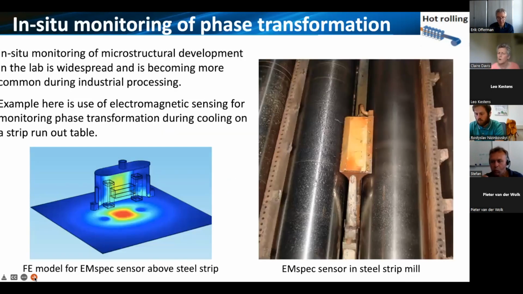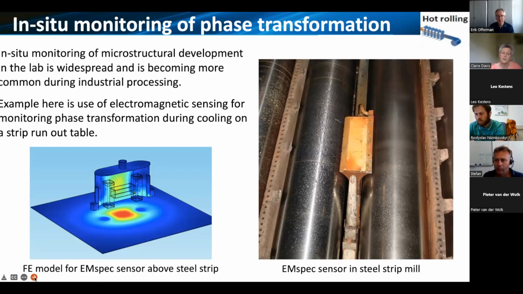A little bit more about in situ monitoring. And this is slightly less direct, but it's still a very good example for phase transformation monitoring. This is some of the work that we do in the group using electromagnetic sensors. Here's an example of a sensor that's fitted into a run-out table for a hot strip mill.